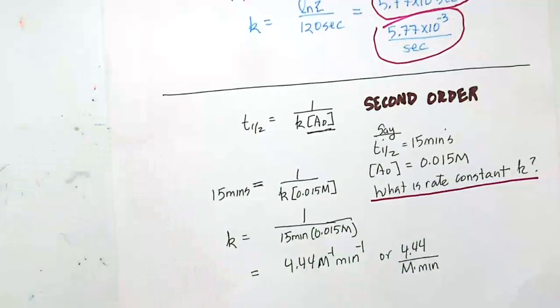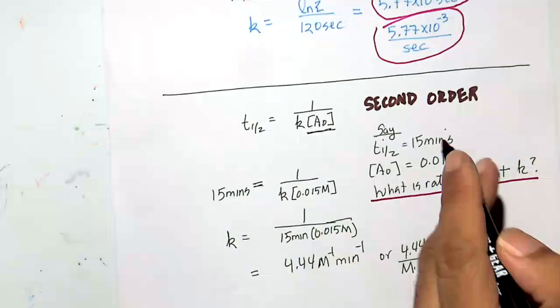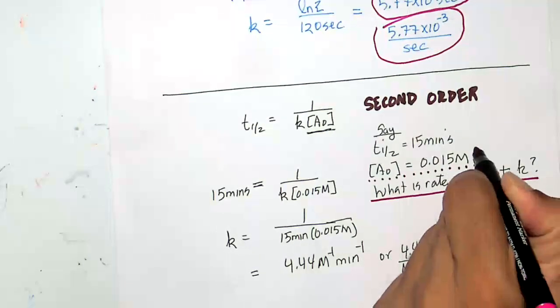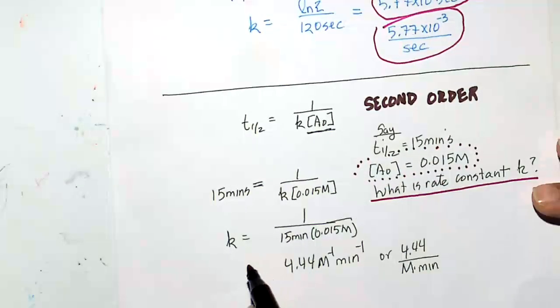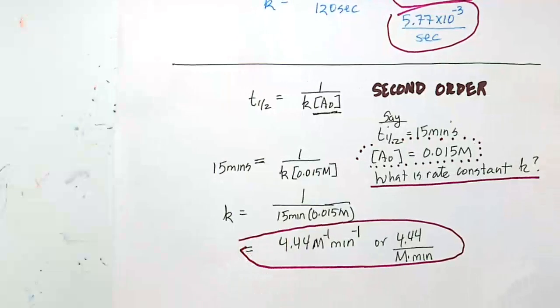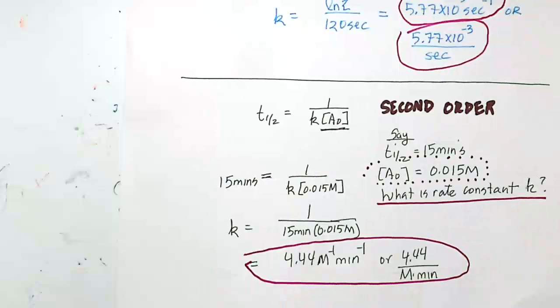So this is the answer you would get. If it's a second order decay, with a different half-life, you notice here it's dependent on initial conditions. It's really dependent on how much you start off with beforehand. So those are the two types of problems involving half-life and decay.